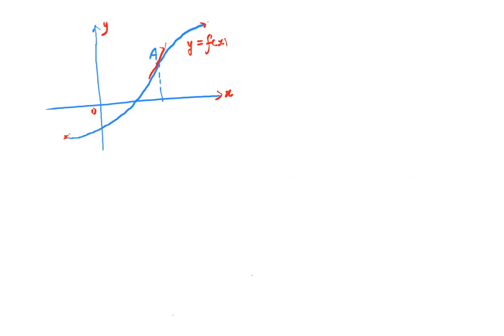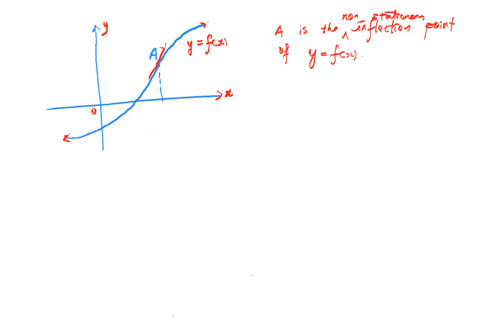Based on this graph, try to produce a sign diagram for f prime x and f double prime x, whereby I say A is the inflection point, I should say non-stationary, of y equal to f x.